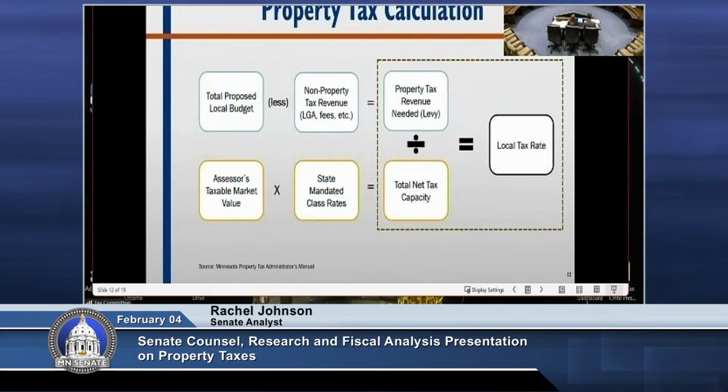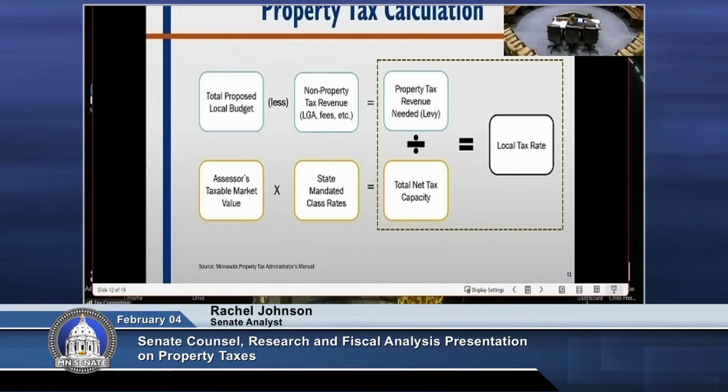So this slide shows how a local jurisdiction's local tax rate is determined with an NTC base. On the top, a taxing jurisdiction is going to determine the amount of revenue that it needs to raise, and so they'll consider their proposed local budget and take into account other forms of non-property tax revenue that they may have, and then subtract those from their proposed budget. The remaining amount is what they need to raise from property taxes.